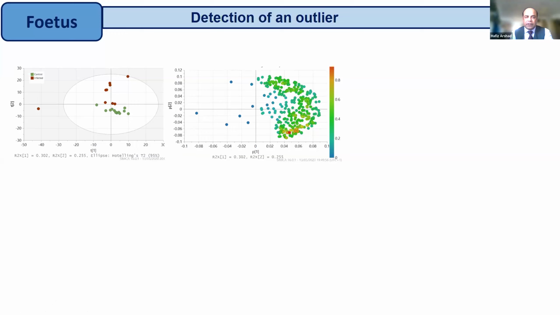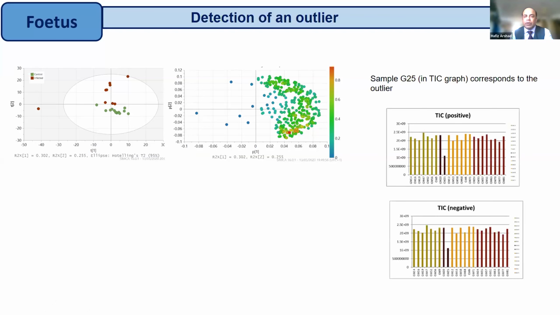So it was confirmed with different methods whether it was an outlier or not, one of them being the TIC value, the total ionic current, in both positive and negative modes.